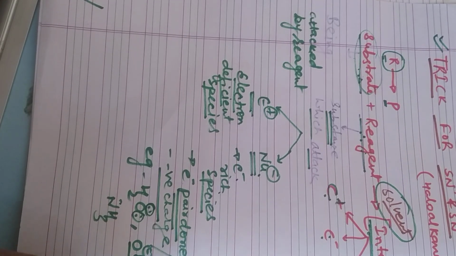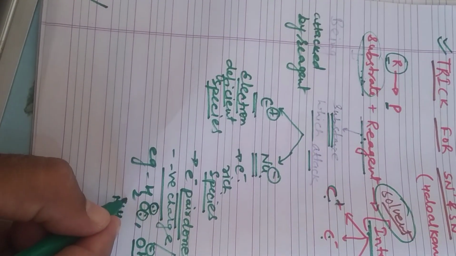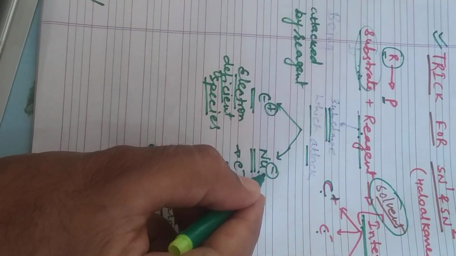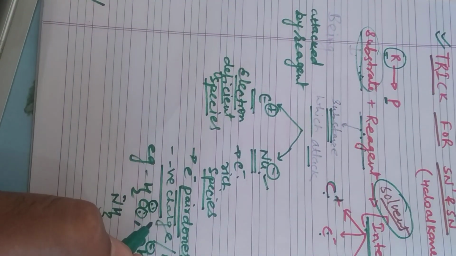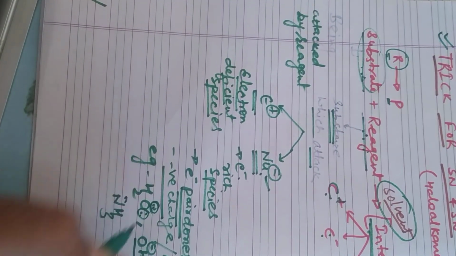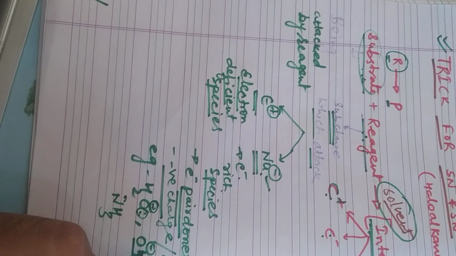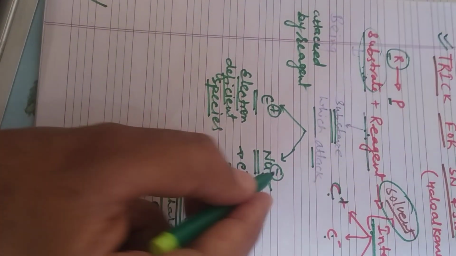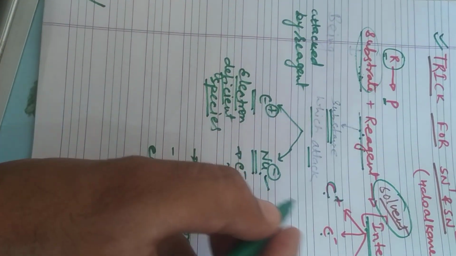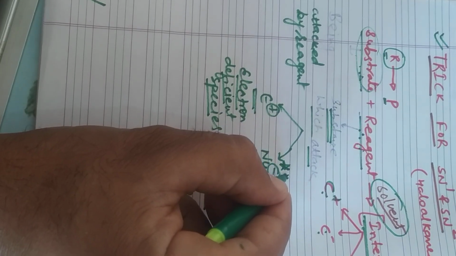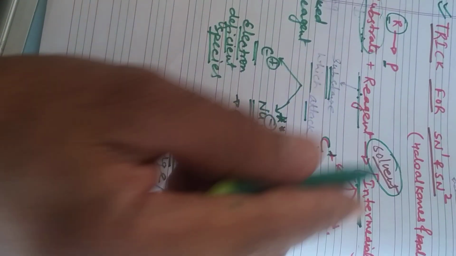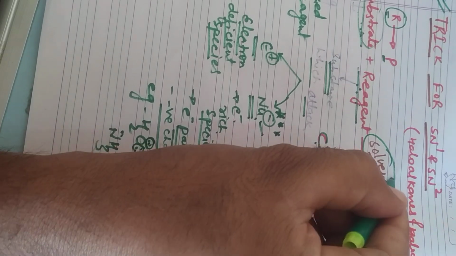CN minus has a negative charge. NH3 has a lone pair. So in this chapter, nucleophiles are important for us, and here we have to discuss solvent also.